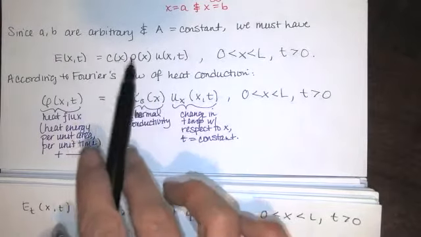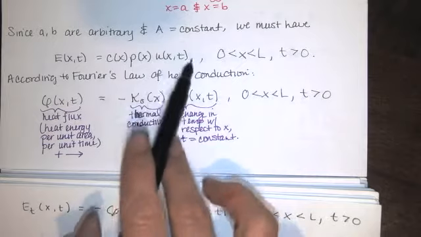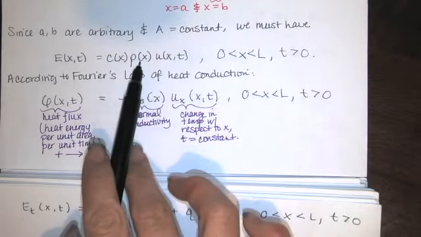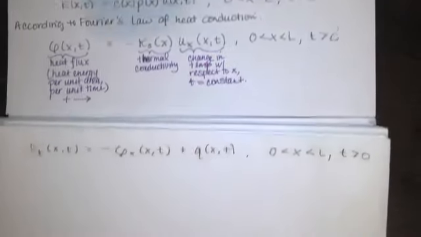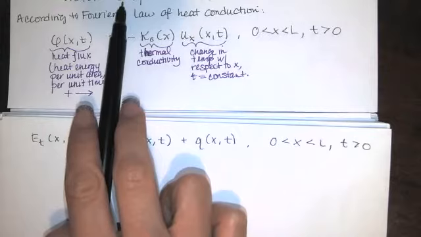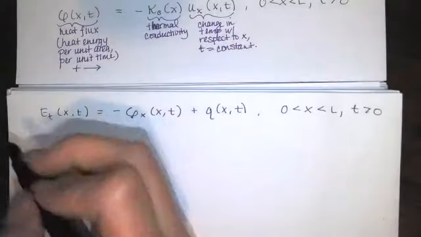Now, I want you to notice that the only function here that depends on t is the temperature function. This is a function of position only. The density is a function of position only. We're assuming that that density is not changing with time, and neither is the specific heat, which I think makes physical sense.